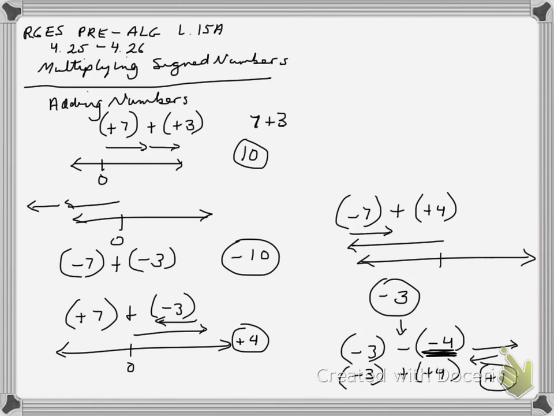Now today we're going to talk about multiplying signed numbers. The rule for multiplying signed numbers is very, very simple. If we have a positive times a positive, for instance, 3 times 4, that would be what you've always done, and that is 12. 3 times 4 is 12, and it's positive.